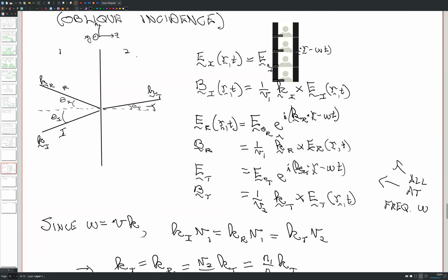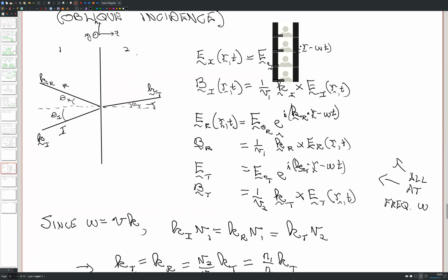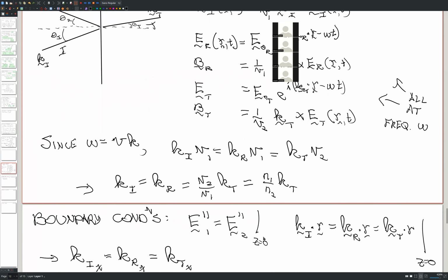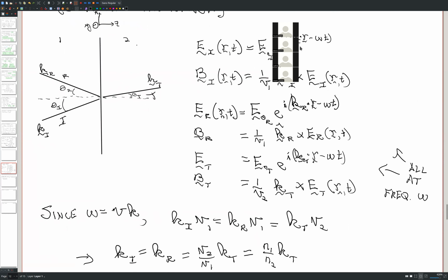I'm looking at E_I plus E_R equal to E_T, the parallel components, when I evaluate at z equal to 0. So I'm doing this at z equal to 0, plus this at the same point, has to be equal to this also at z equal to 0.